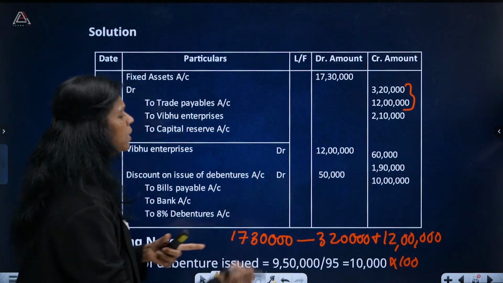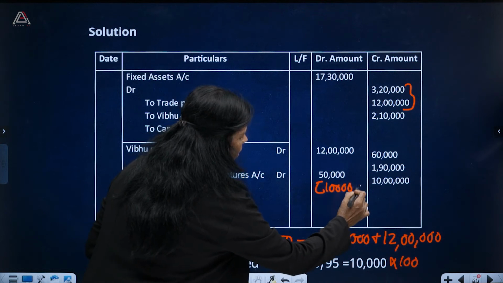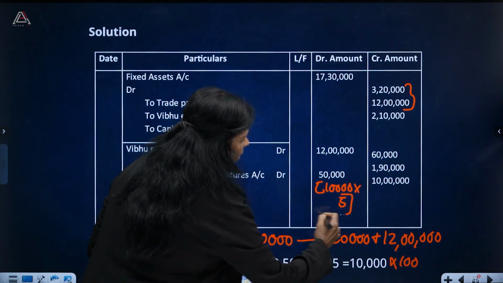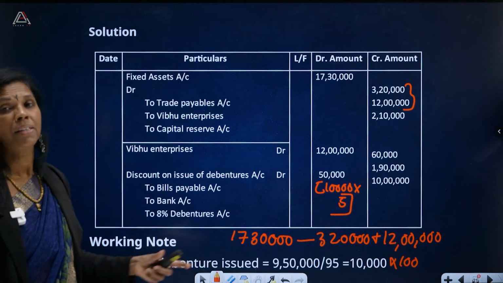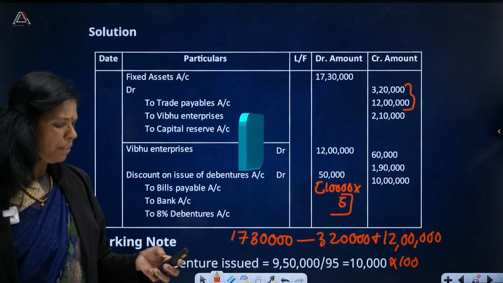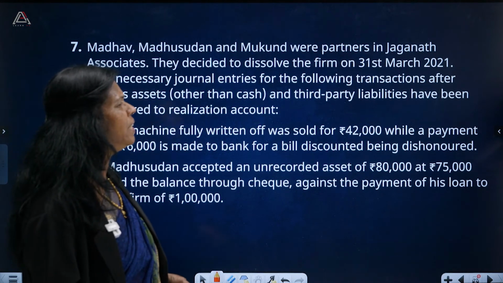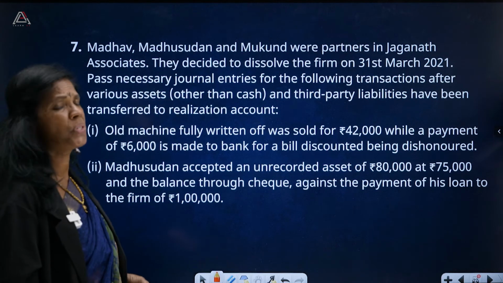Then this 50,000 means 10,000 into 5. This is the way we have to show. Okay, have you understood?